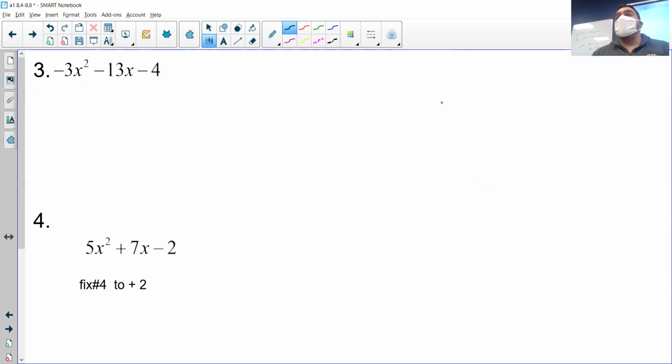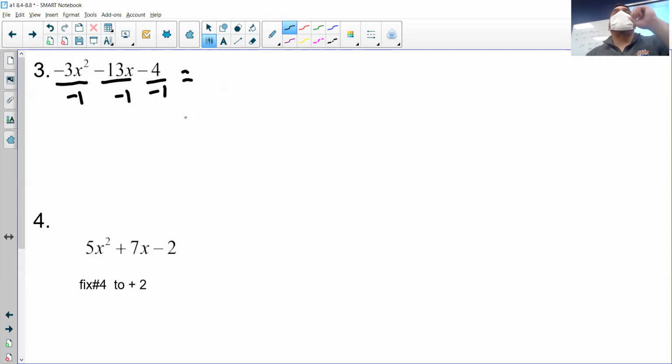Because 12 has a lot of factors, you could be tricky. But here's the key thing: you have a negative a, and we don't like having a negative a. So what we're going to do is divide everything by negative 1. I'm going to divide every single thing by negative 1.